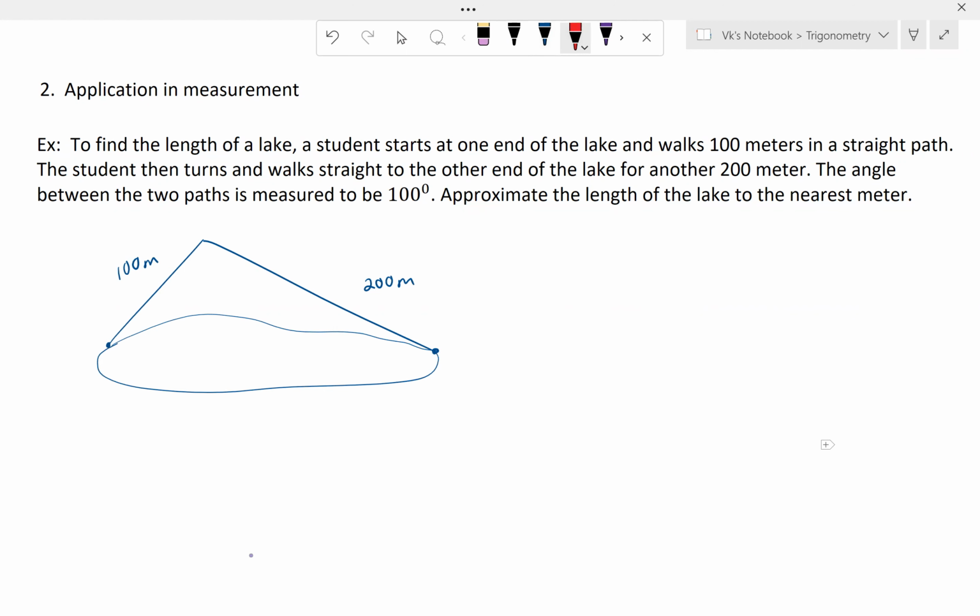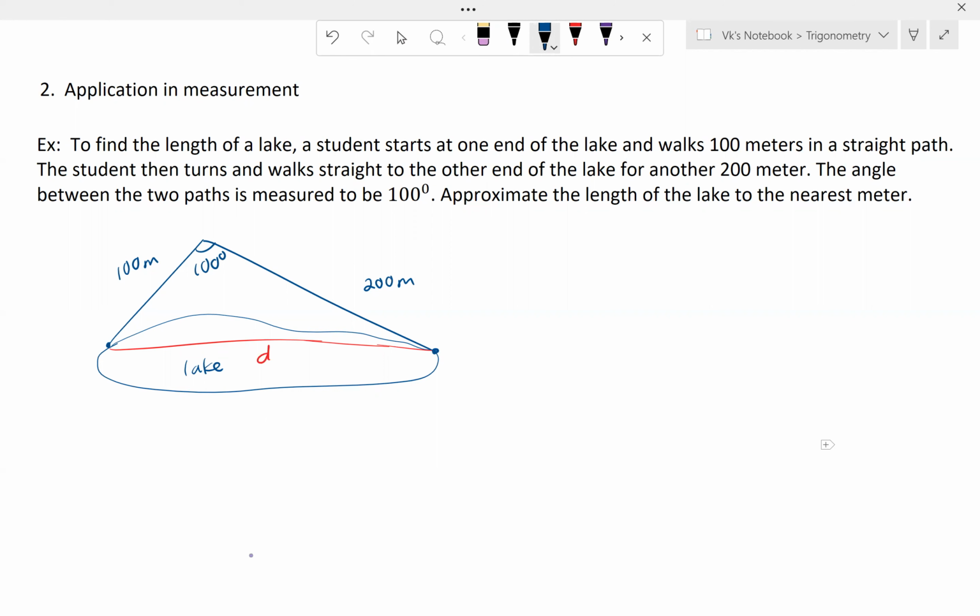We want to figure out the length of the lake, D. Well, we can do that because we have an angle right here, 100 degrees. And whenever we have an angle between two sides, then we can use the law of cosine.